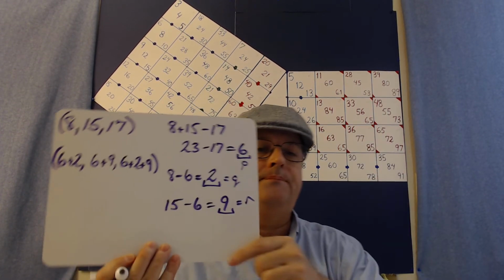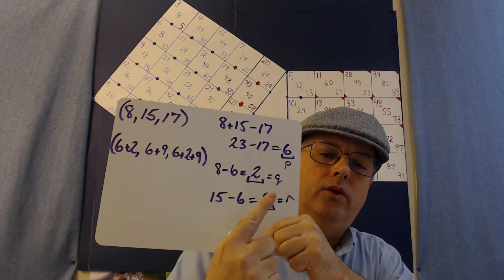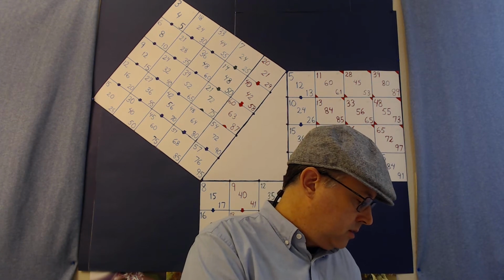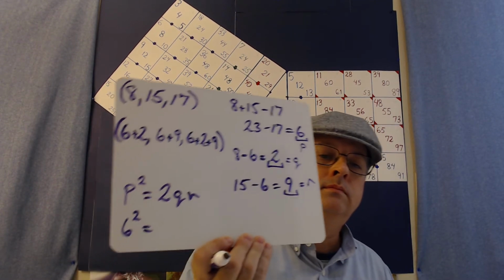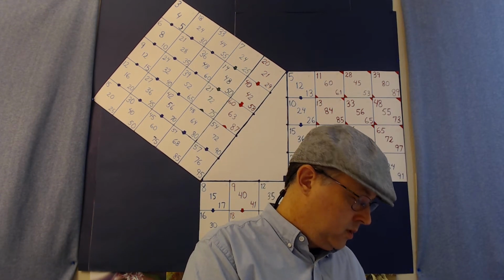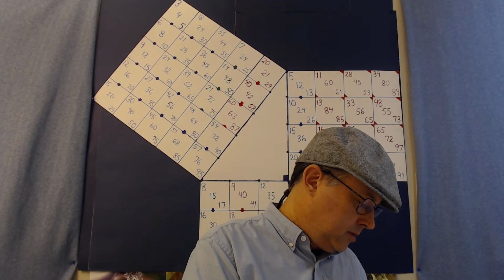Let's take the p value and the q value and the r value and see that if we take p squared, so that would be 6 squared, and then we say 2qr, so then that's 2 times 2 times 9. And yeah, that's 36 equals 36.